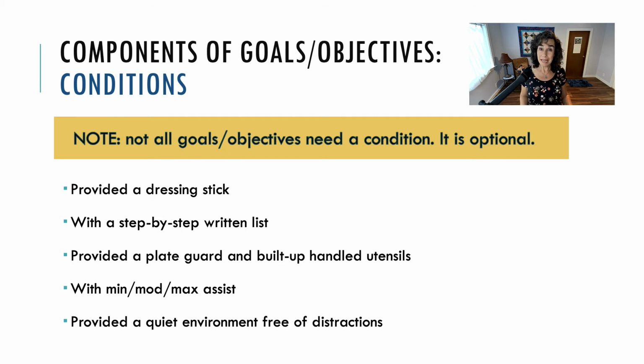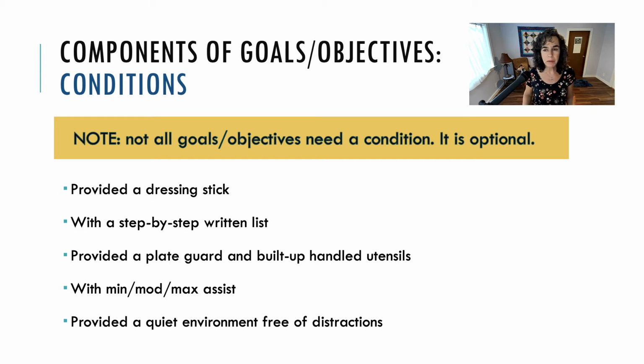So some examples of conditions are provided a dressing stick with a step-by-step written list, with a plate guard and built-up handled utensils. And then we have a level of assist, right, with min, mod, max assist, or supervision, or standby. And then we can also apply it to the environment, a quiet environment free of distractions.